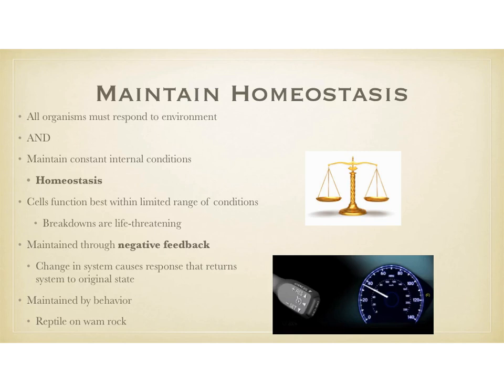They have to have this certain range of conditions, or life can break down, and that could be problematic. This process of homeostasis is maintained through negative feedback, a change in a system which causes a response which returns the system back to its original state.